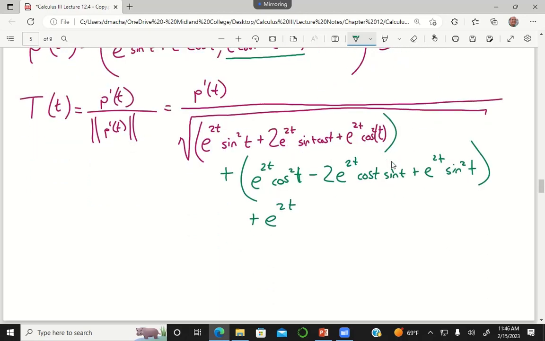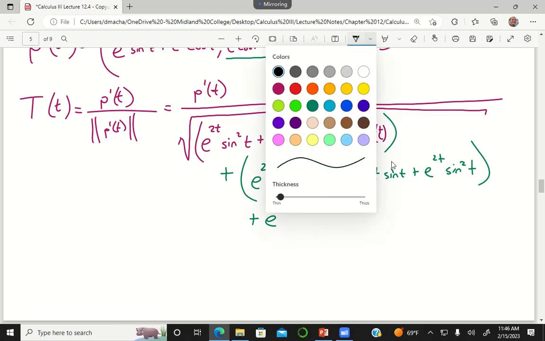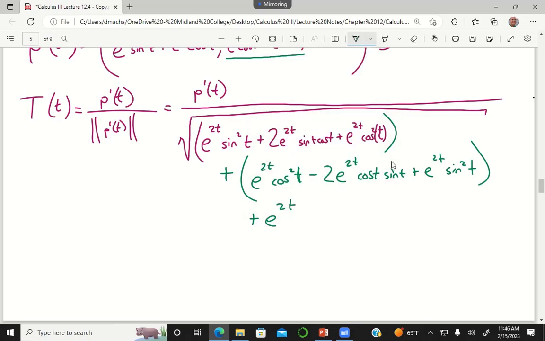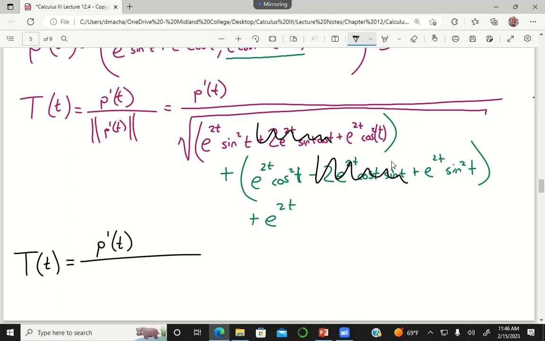I think we can probably simplify what's under the square root here. Like this plus 2 e to the 2t sine t cosine t cancels with this minus 2 e to the 2t sine t cosine t. And then in these cases where I have a sine squared plus cosine squared, that is just 1. And so this is going to simplify nicely. I mean, not like really nicely, but better than the full version.